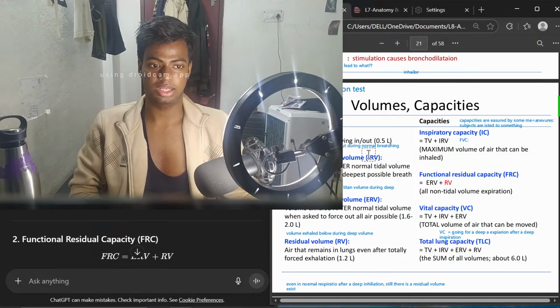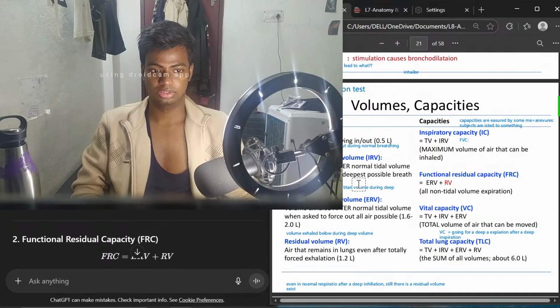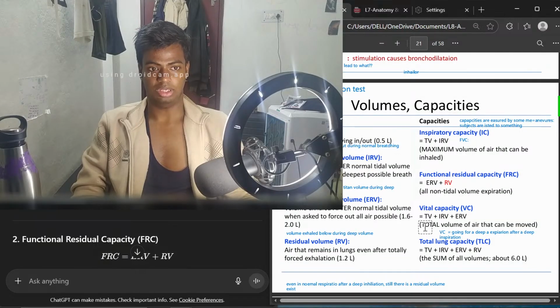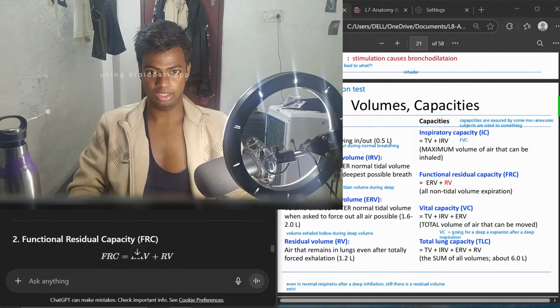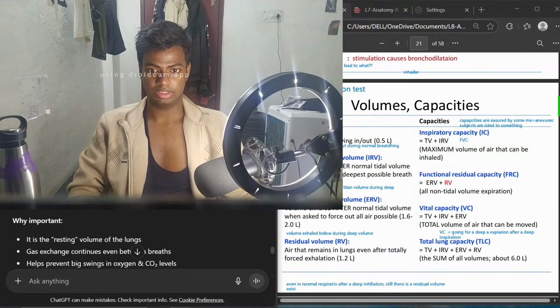Tidal plus IRV plus ERV plus RV, that's the total, about 6 liters. Inspiratory capacity is the maximum amount of air you can inhale from the end of a normal exhale.